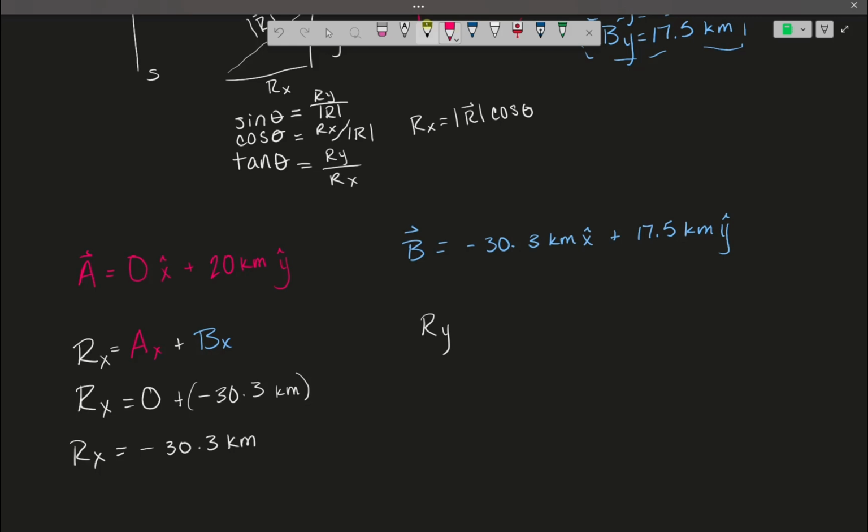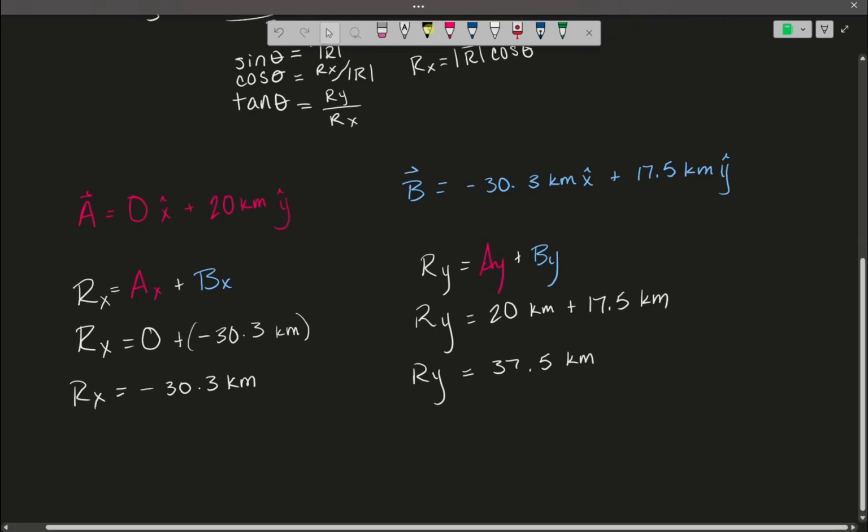So for the y component, I have the y component of A plus the y component of B. This means that the y component of my resultant vector is going to be 20 kilometers plus 17.5 kilometers, and I will get that the y component is 37.5 kilometers in my y direction.